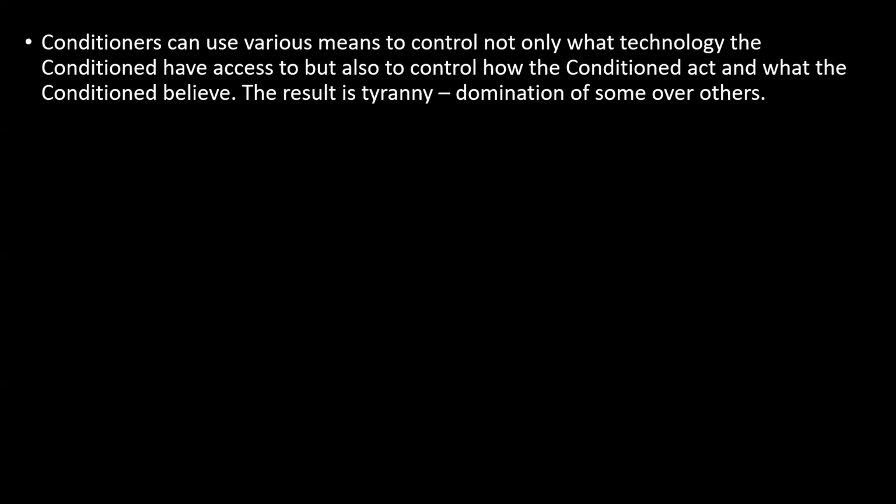And so the conditioners can start to have influence and control over how the conditioned act, what the conditioned believe. And ultimately, C.S. Lewis will say, this is tyranny. You're going to have domination of some human beings over others.